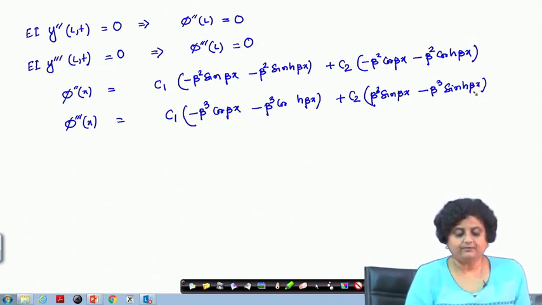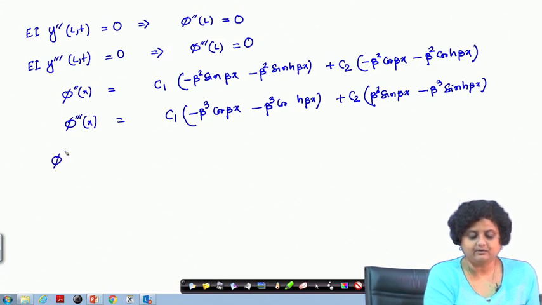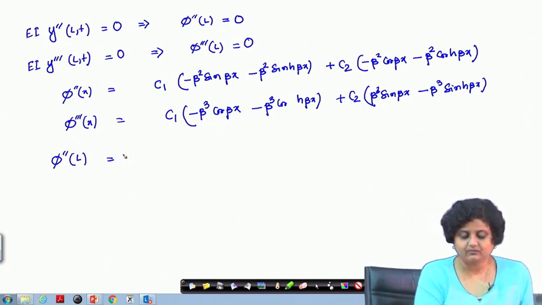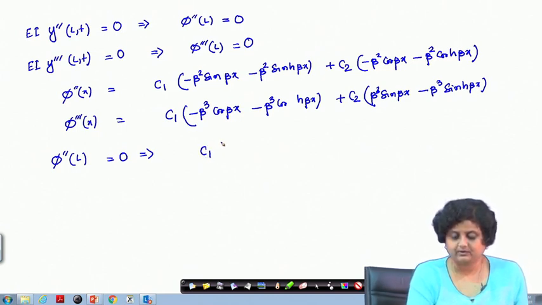So, if I write down phi double dash L, what I get is equal to 0, which gives me C 1 sin beta L.